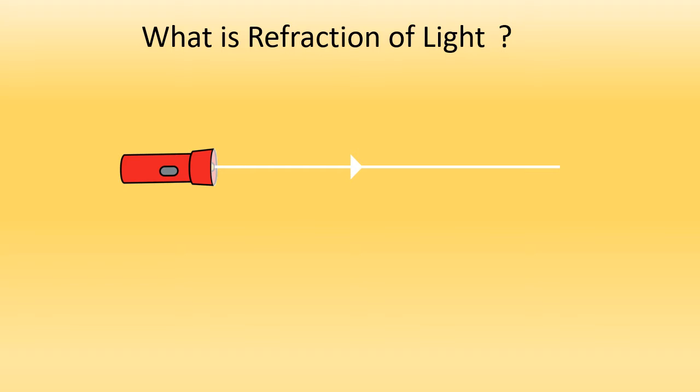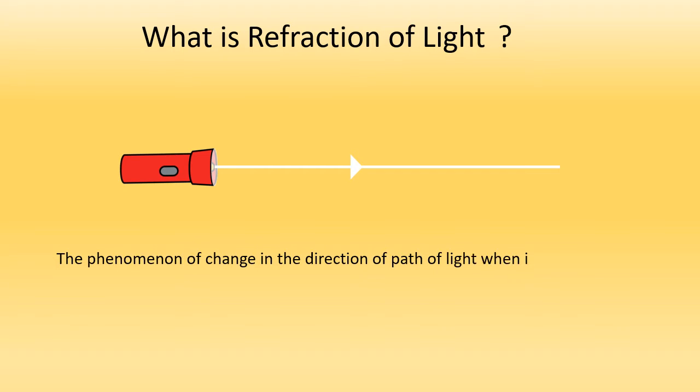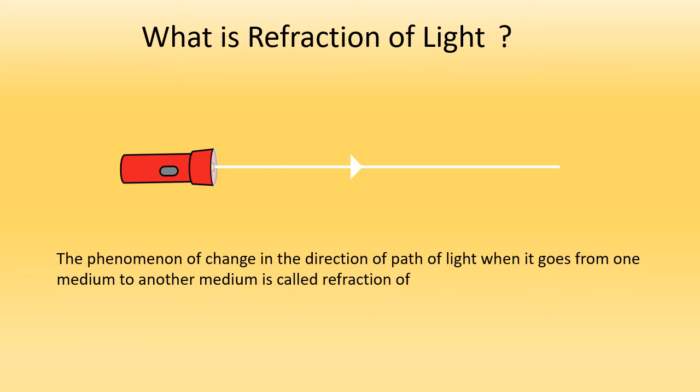Here, the light changes its path and travels along some other straight line. So, we can say that the phenomenon of change in the direction of the path of the light when it goes from one medium to another medium is called refraction of light.